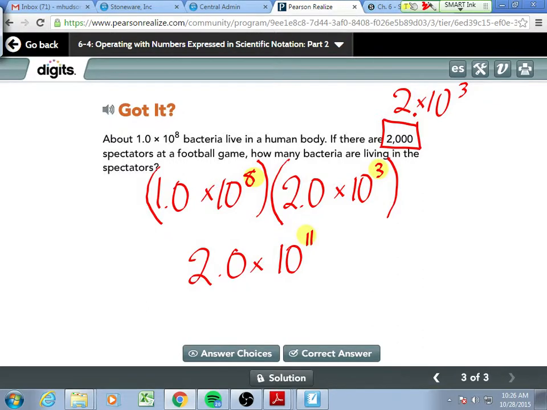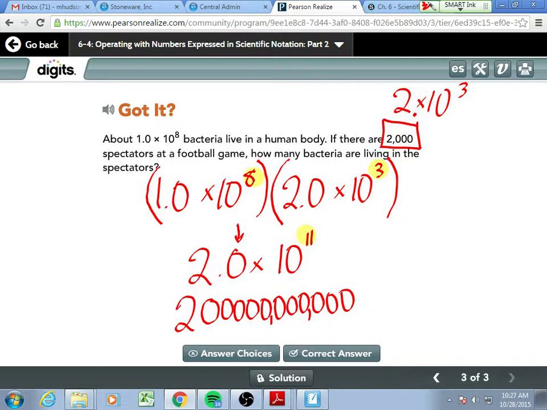And if we write this in standard form, how many zeros do I have after the 2? 11, only because there's no numbers in the decimal values. So we know that we have 11 zeros. Then if I add my commas in to look at this value, there are 200 billion bacteria at that football game.